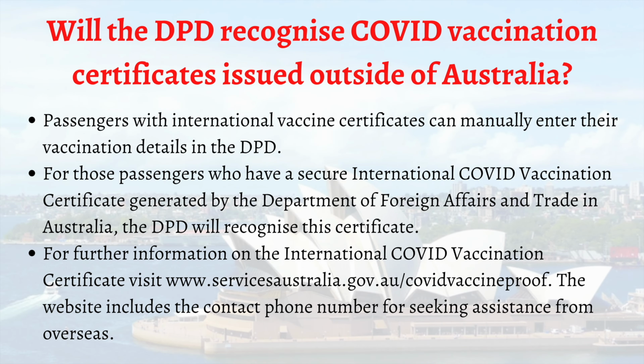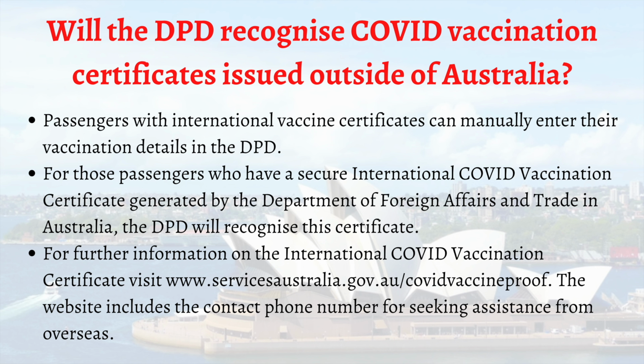Will the DPD recognise COVID vaccination certificates issued outside of Australia? Passengers with international vaccine certificates can manually enter their vaccination details in the DPD. For those passengers who have a secure international COVID vaccination certificate generated by the Department of Foreign Affairs and Trade in Australia, the DPD will recognise this certificate.